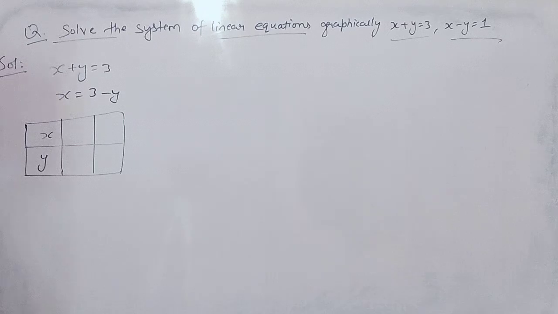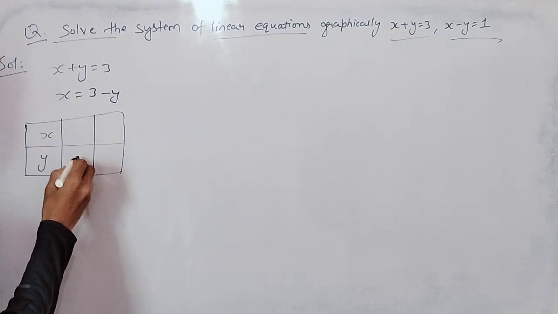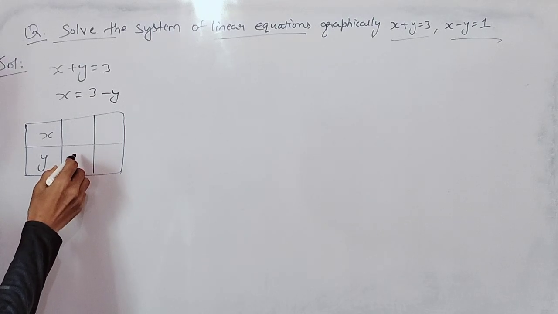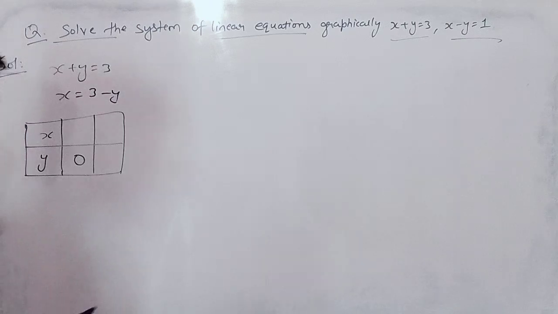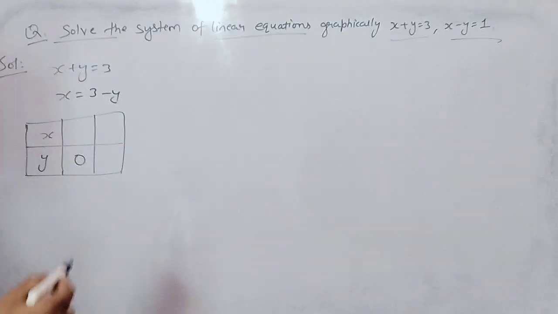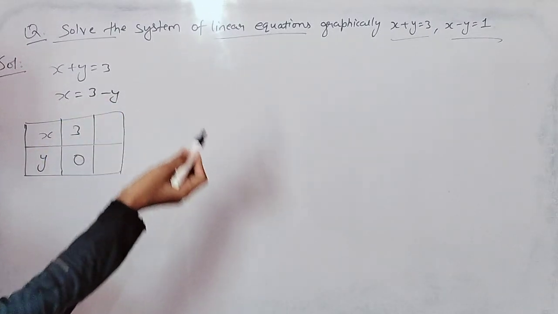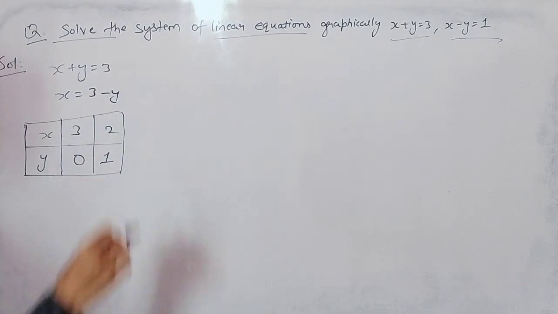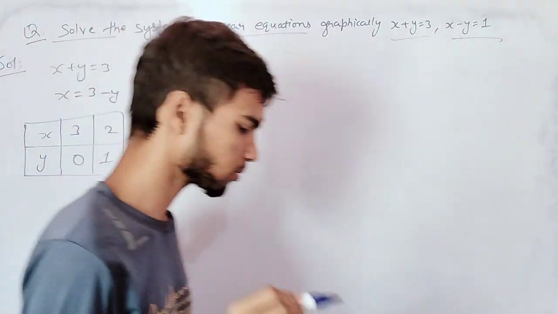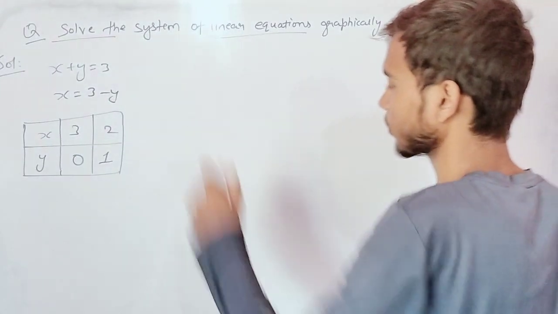Even I am starting from zero. When in place of y we put zero, then x will come as 3. You know, 3 minus 0 is 3, then 3 minus 1 is 2. So we have found two solutions of this linear equation.